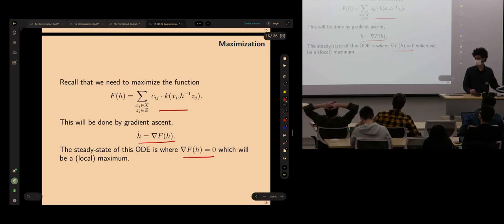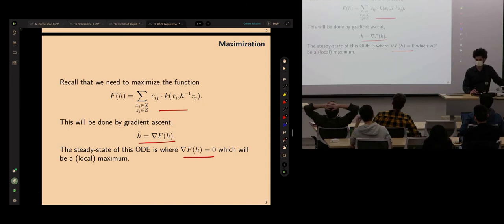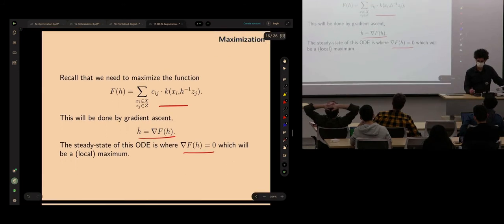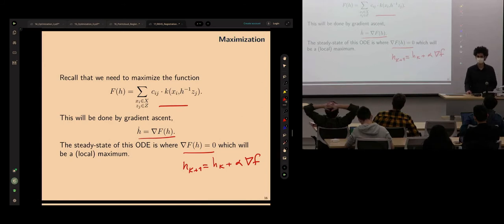That's the necessary condition from calculus. So the necessary condition is that the gradient must be 0. And if I have the gradient, I can do gradient descent like h_{k+1} equals h_k plus alpha times the gradient, right? Which we talked about before. The continuous time version of that is this ODE.